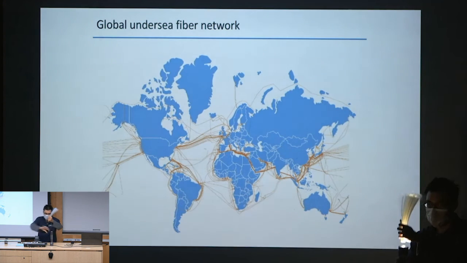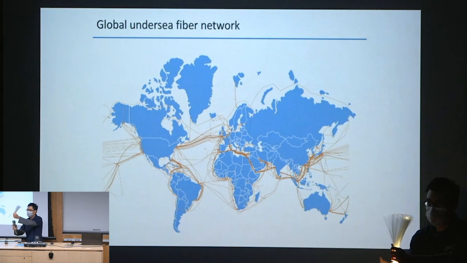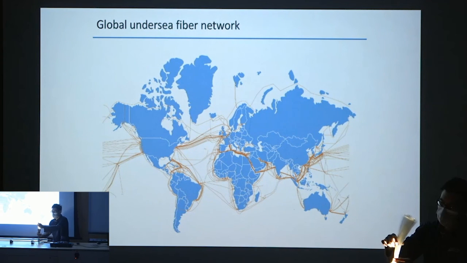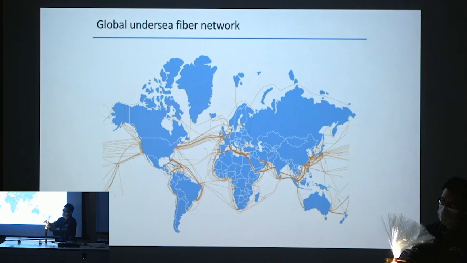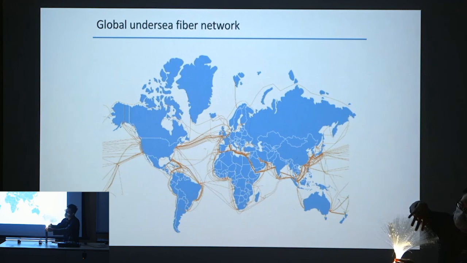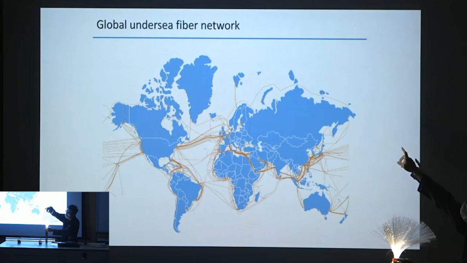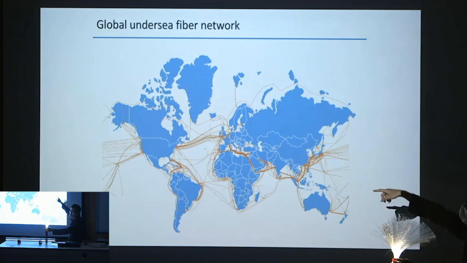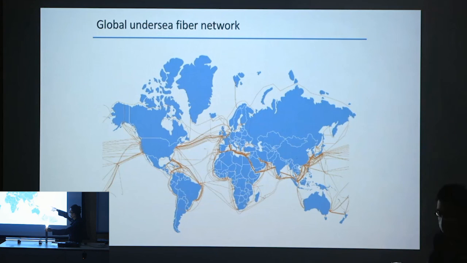When you shine a flashlight into the fiber, all of the light will go through the fiber, and you can receive the signal from each channel. That's why the fiber works undersea.